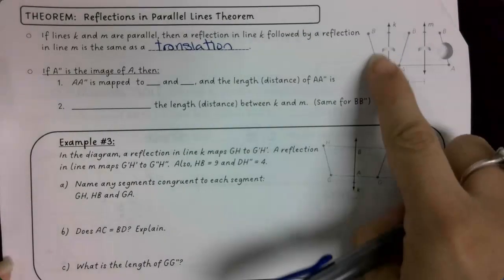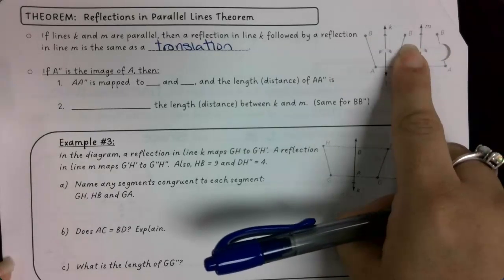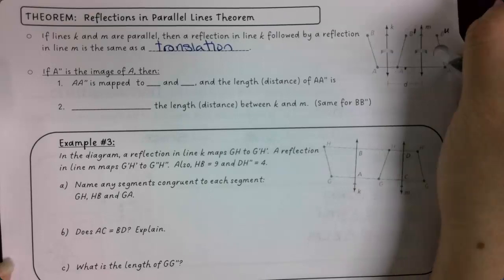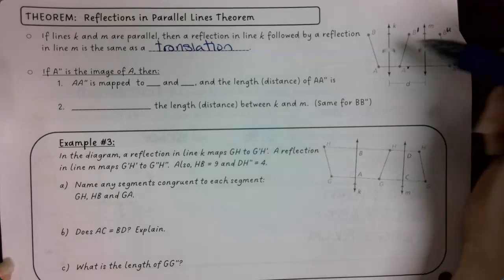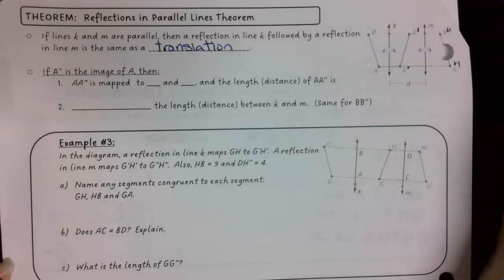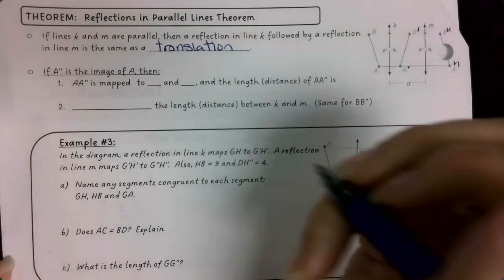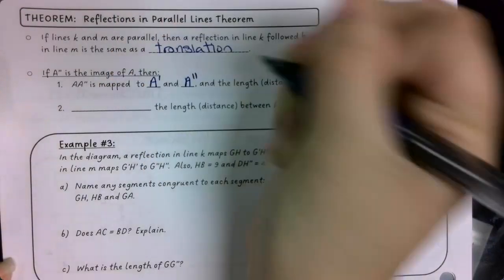If I take a look at this, the line AB reflected over K turned into A prime, B prime, and then reflects over M, turns into A double prime, B double prime. This line is just slid over, which is kind of hard to see without being on the page. So if A double prime is the image of A, then A double prime is mapped to A prime and A double prime.